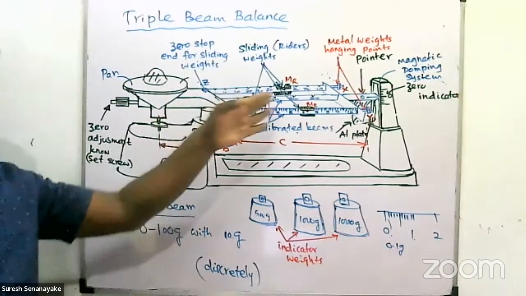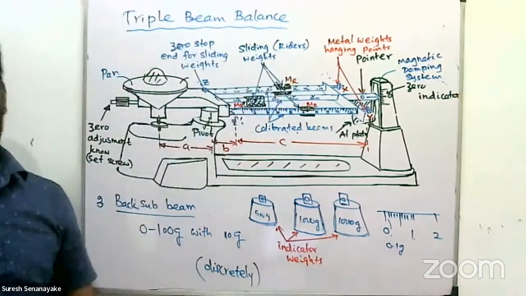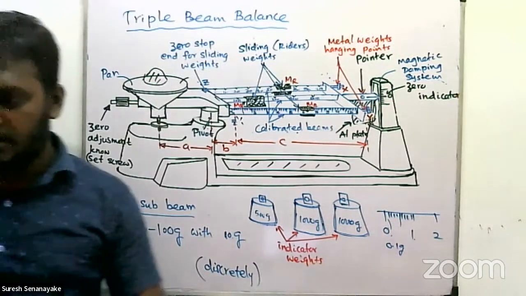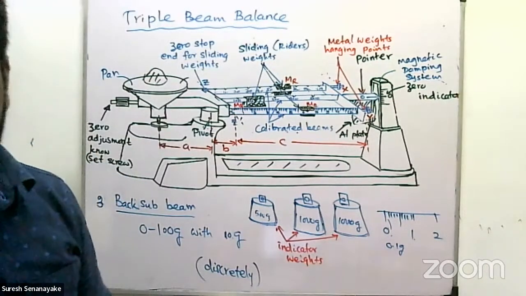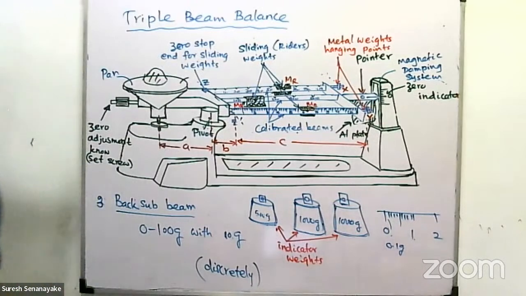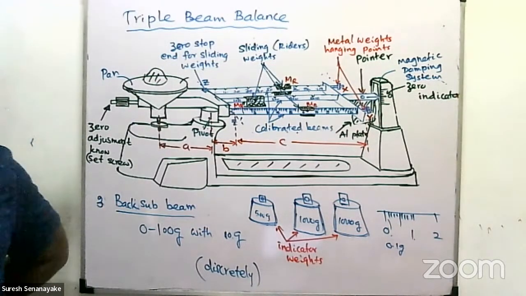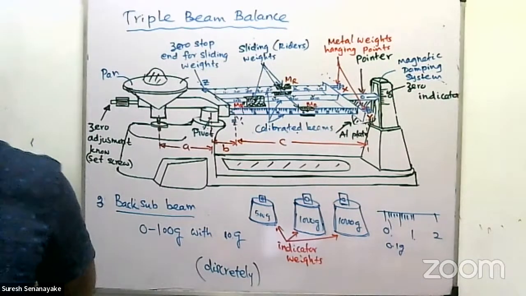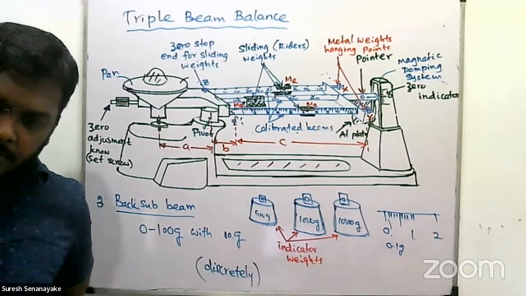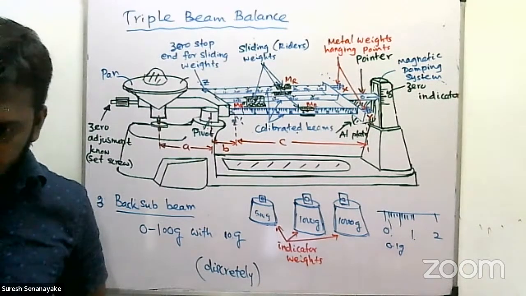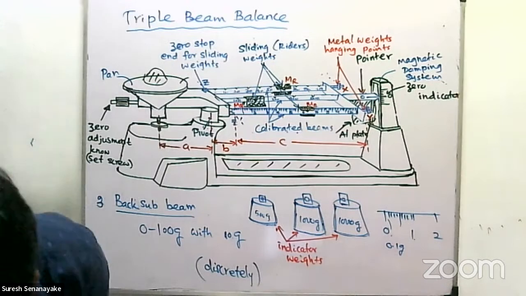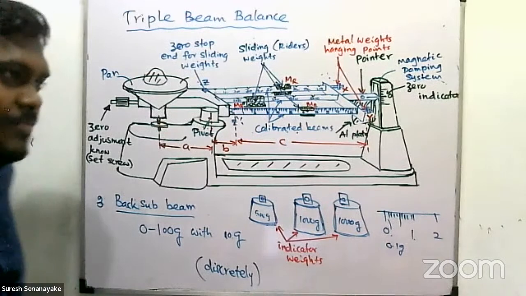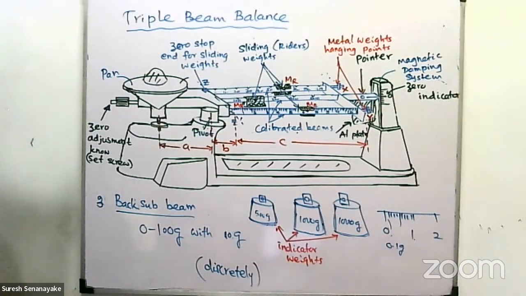This beam is calibrated from 0 to 100 grams with 10 gram divisions.